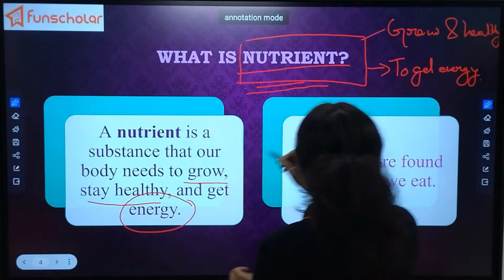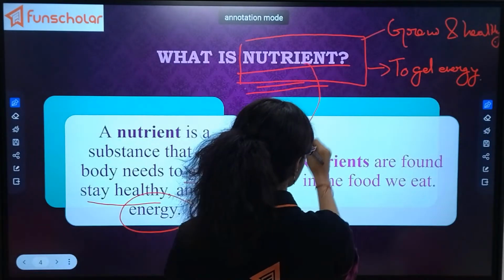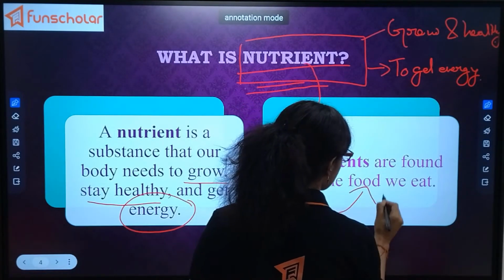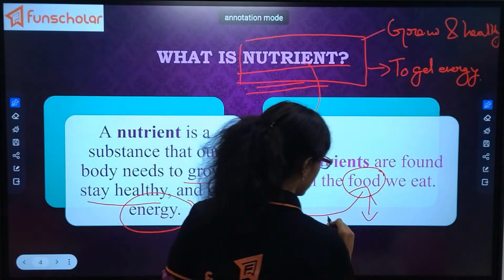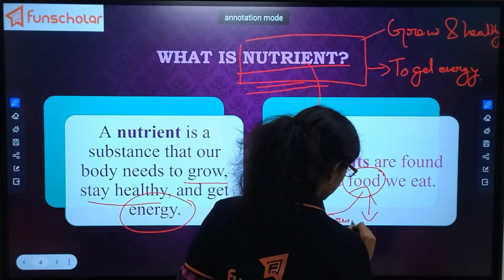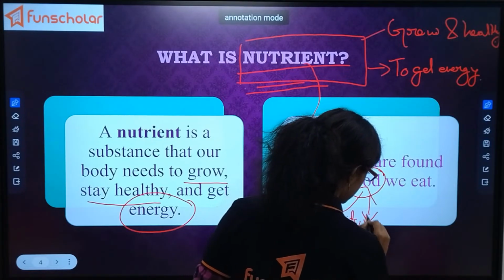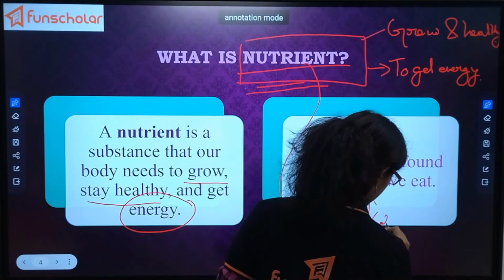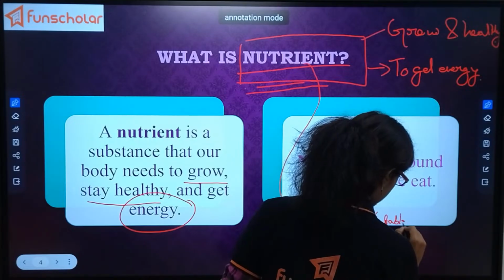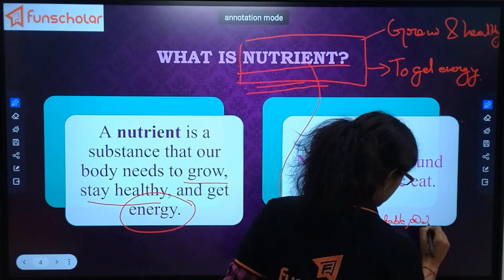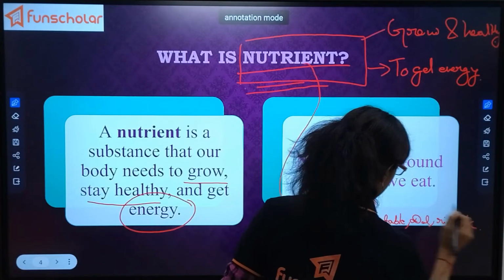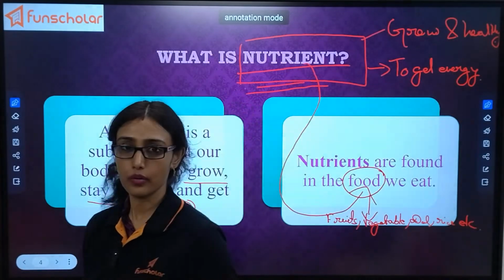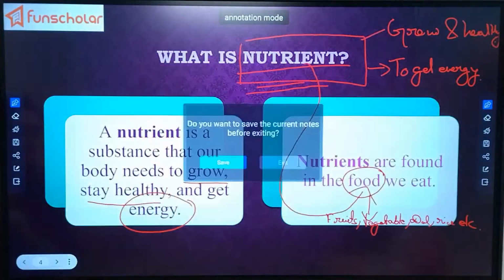And where do you find this nutrient? The nutrient comes from the food we eat. What kind of food do we eat? We eat fruits, vegetables, dal, rice, etc. Okay? Now next slide.